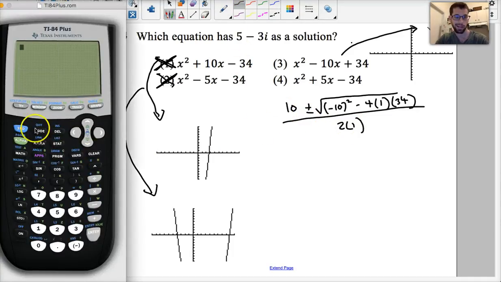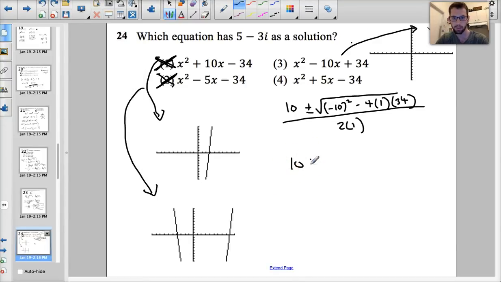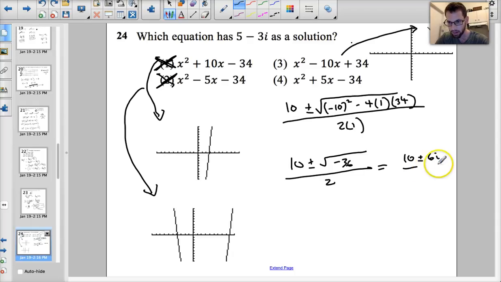So let's just take a look here. I don't want to do the square root. I'm just going to do it all at once. So negative 10 squared minus 4 times 1 times 34 gives me, yes, that's going to work, 10 plus or minus the square root of negative 36 all over 2 is equal to 10 plus or minus 6i over 2.